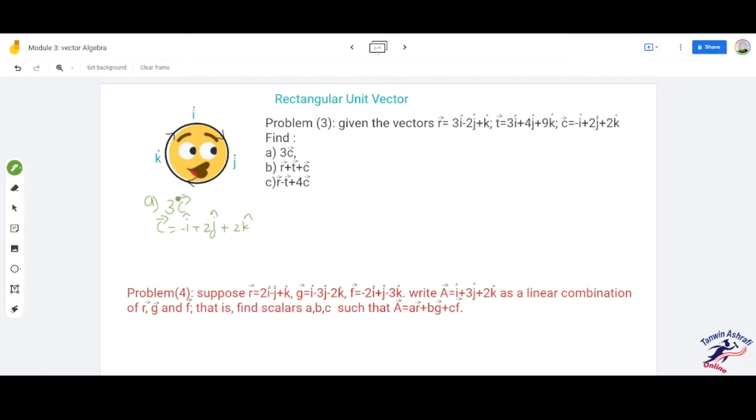Now if we multiply it by the scalar quantity 3, so 3 times C will be equal to 3 times minus i plus 2j plus 2k. That means minus 3i plus 6j plus 6k.